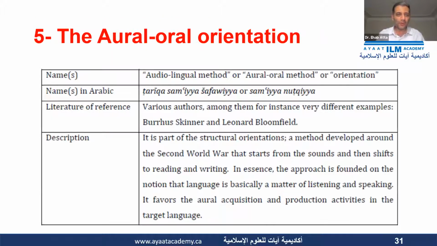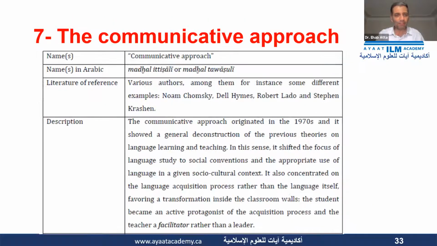Let's go now to the seventh method, which is the communicative approach. The communicative approach originated in the 1970s, and it showed general deconstruction of the previous theories on language learning and teaching.